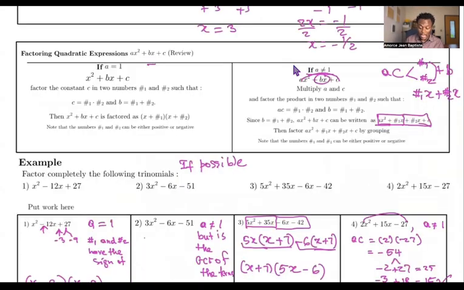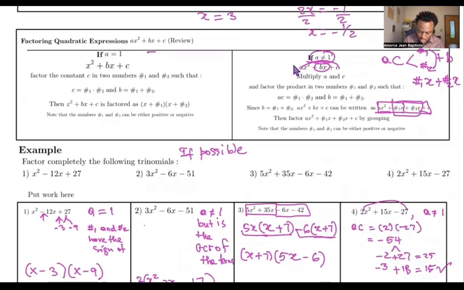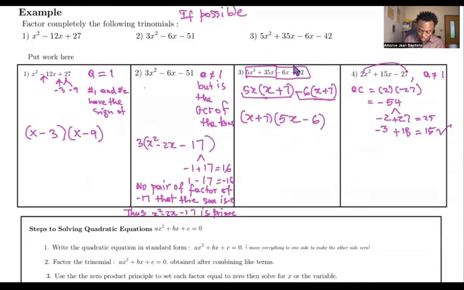Remember, when A is not 1, we need to break the B term as number 1 x plus number 2 x. So basically, I'm going to write the ax squared term. Let me put the plus 18x first.